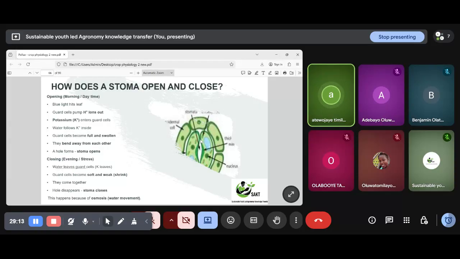In the afternoon, the stomata is partially closed. So when you spray at that time, you are even more stressing the plant, your crop, your tomato, your cucumber, everything. You are more stressing the plant. So you have to know how these things work. So let's move on, please.